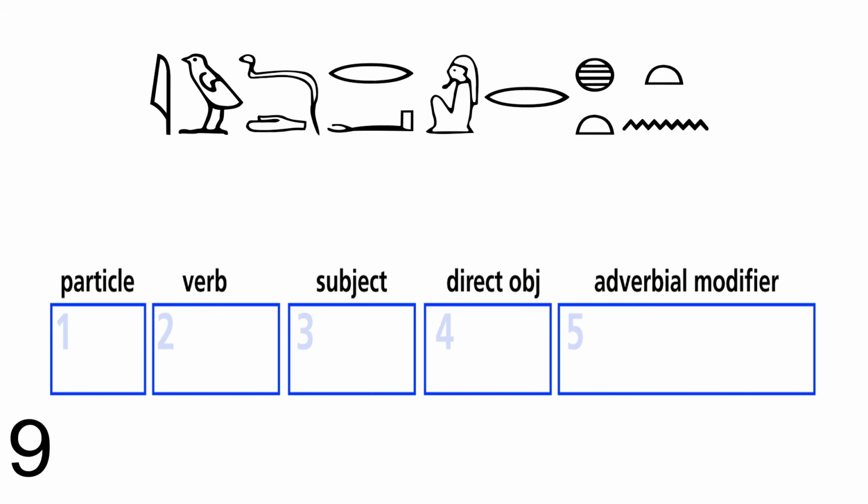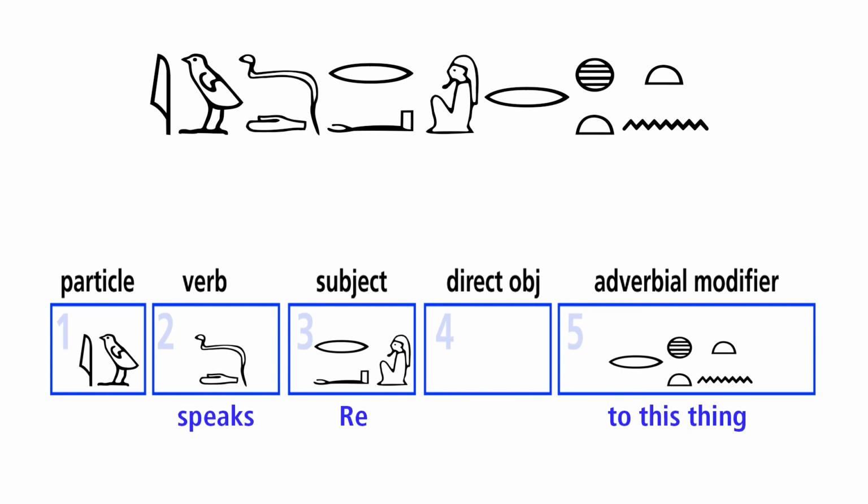Sentence 6. Dd Ra n kt tn. This is another verbal sentence. Particle in slot 1, the verb dd, to speak, in slot 2. Slot 3 contains Re, the word for the sun god Re.